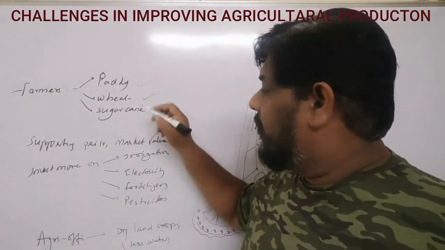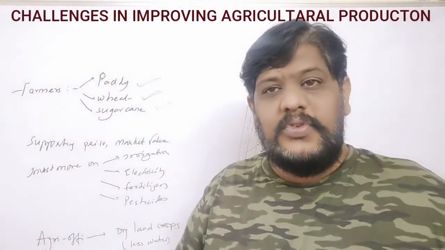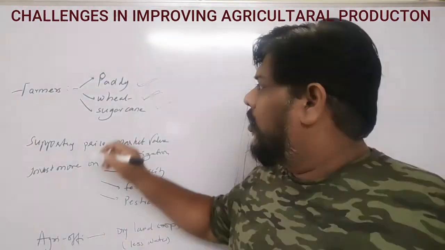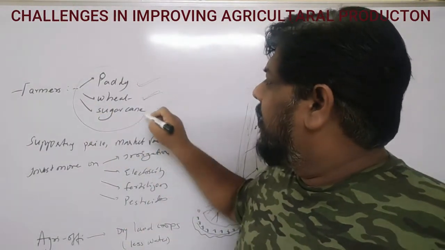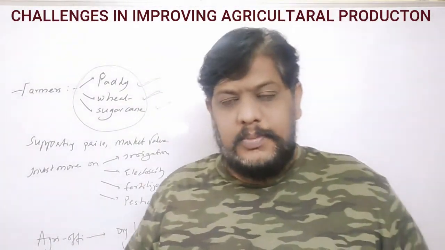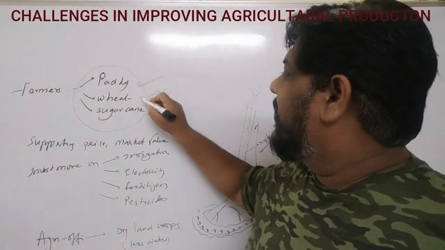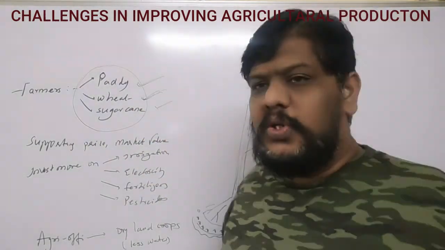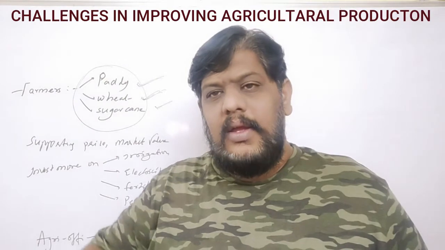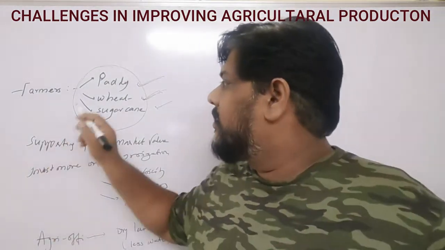Wheat is the one which everybody consumes, right? And sugarcane, we also consume in the form of sugar and jaggery. So all these three are very important foods for the people, especially in India. Farmers show more concern towards these three crops.